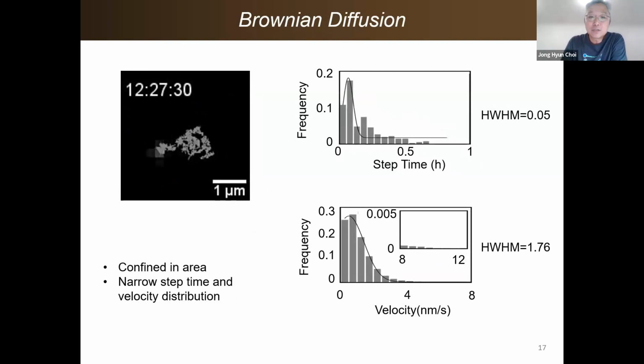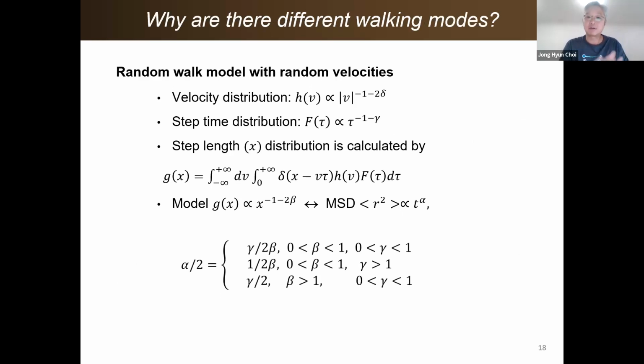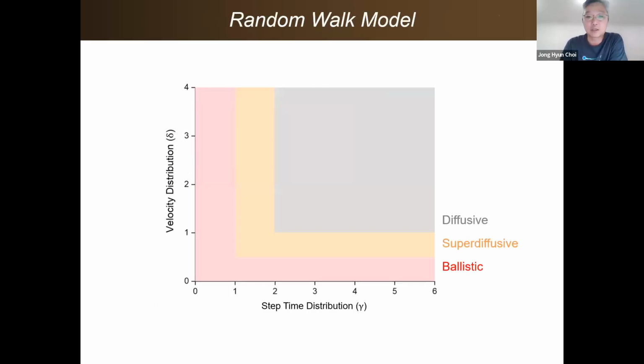So by monitoring these different types of motion behaviors of vesicles, we wanted to have a better understanding and better modeling, using a random walk model with random velocities, so variable velocities and variable step time, so that we could describe our different experimental observations.